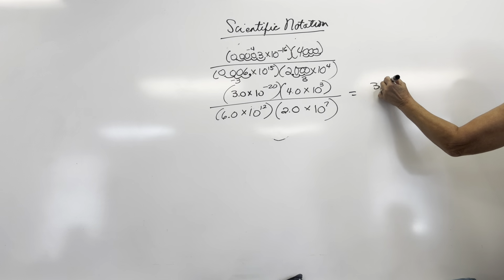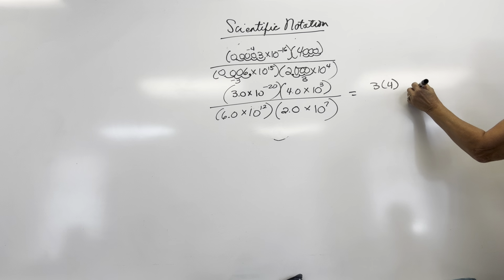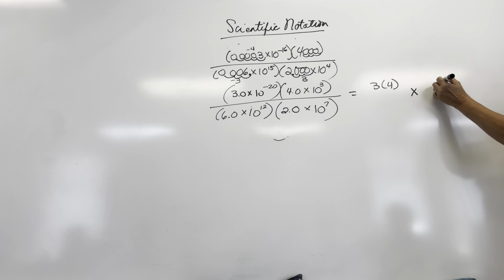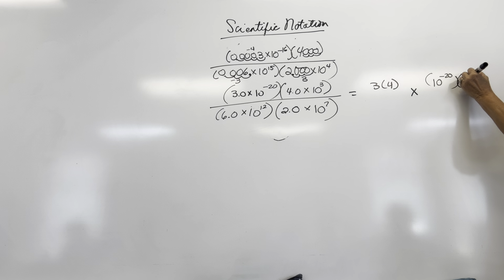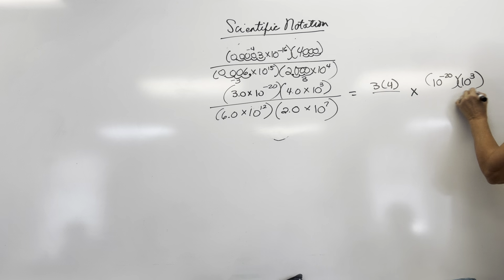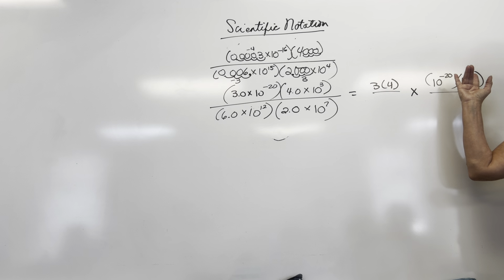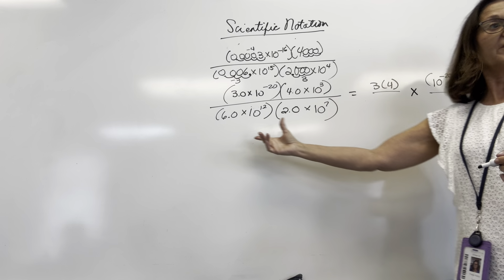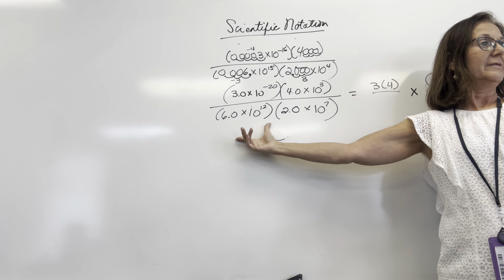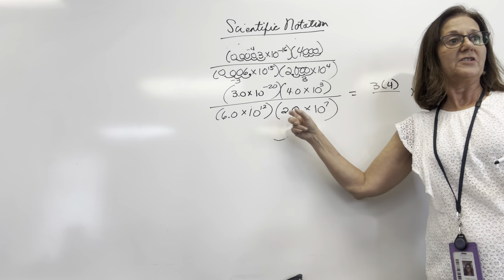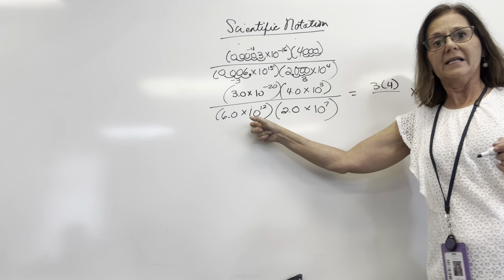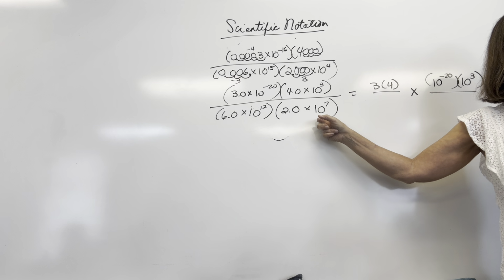I'm going to do 3 times 4 times 10 to the negative 20 times 10 cubed. And the exponent rules tell us that we can simplify that top. That is correct. Now, what do you think I'm going to do to the denominator? Can I do 6 times 2 times 10 to the 12th times 10 to the 7th?